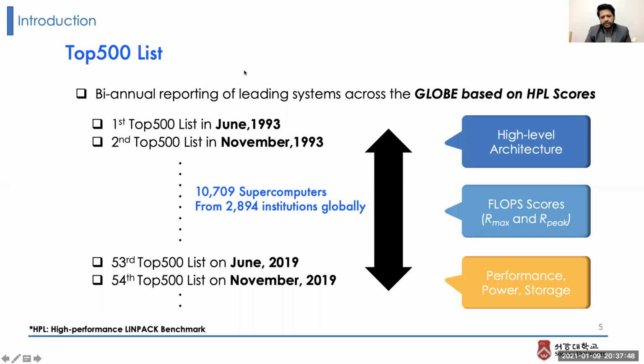Between 1993 and 2019, the Top 500 project website has published 54 lists encompassing more than 10,709 supercomputers from 2,894 institutions globally. The list reports key architectural highlights: processor, interconnect, memory, power, storage, and flops scores, the theoretical and maximum achievable scores of the supercomputer.